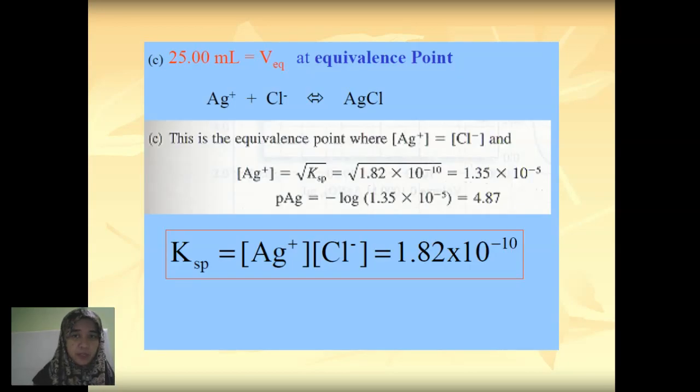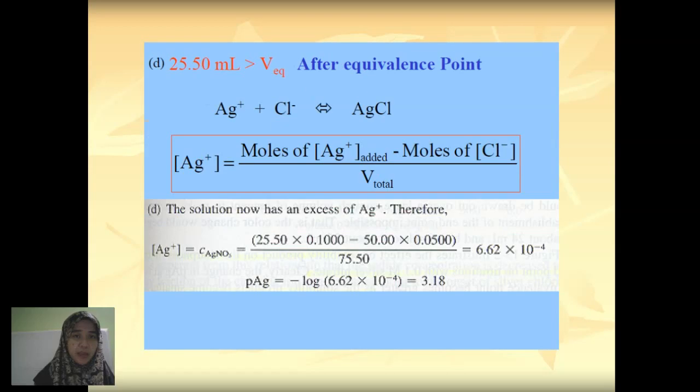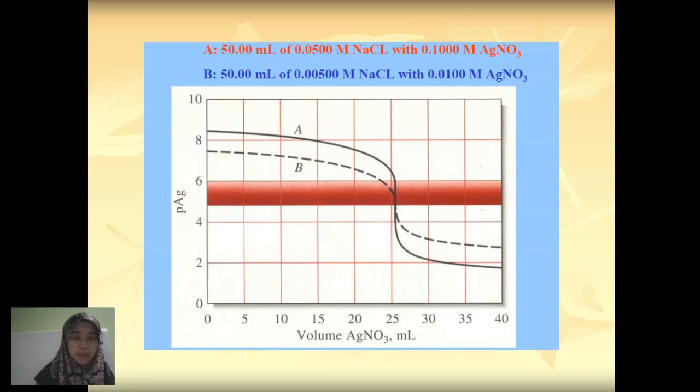Then at the equivalent point, and last, the post equivalent point. All the points that have been calculated may be plotted on the titration curve, the p value or pAg versus the volume of the titrant.